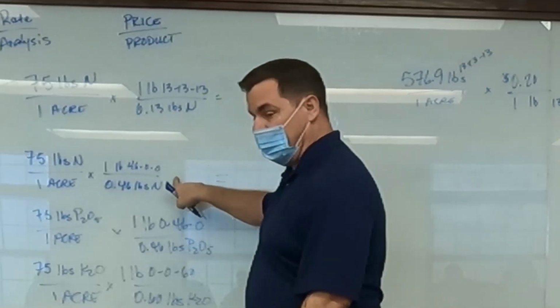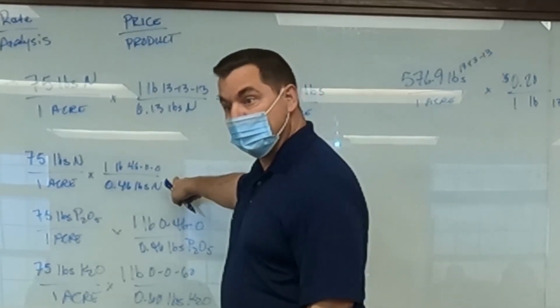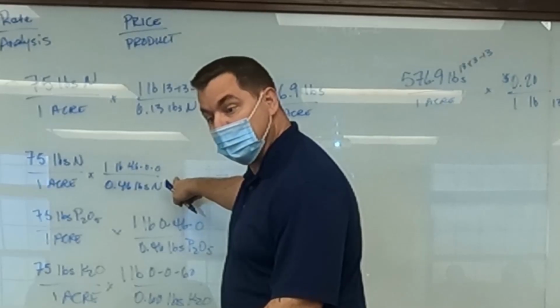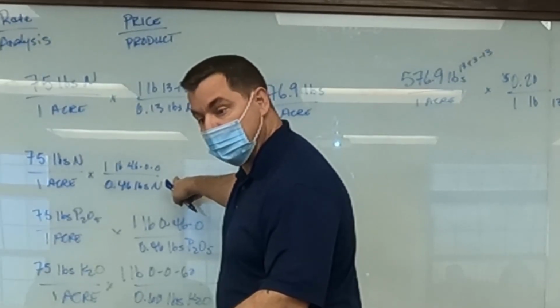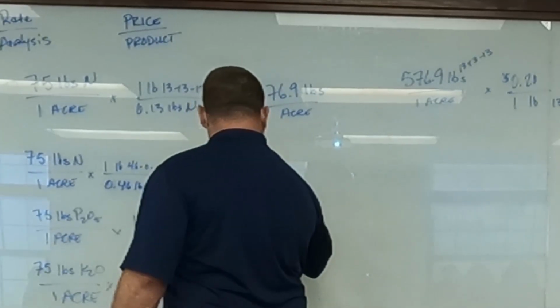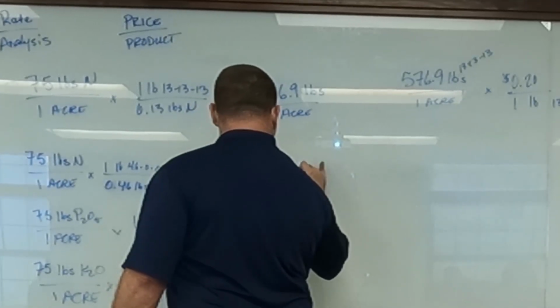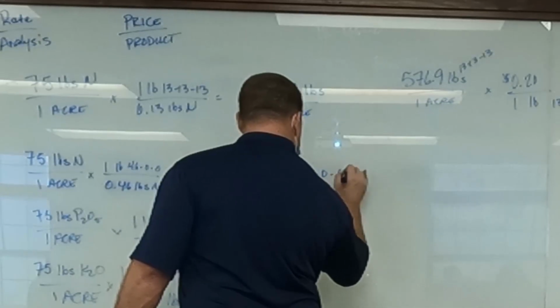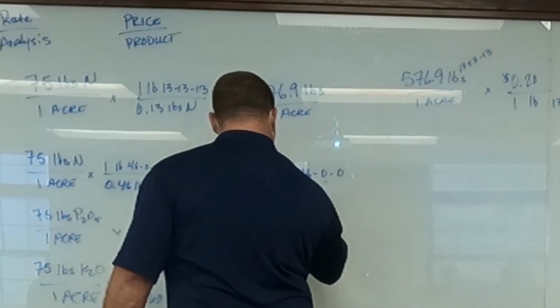How about for the nitrogen? 163. We need 163 pounds, and then that would be $37.5. So we need 163 pounds of 46-0-0 per acre.